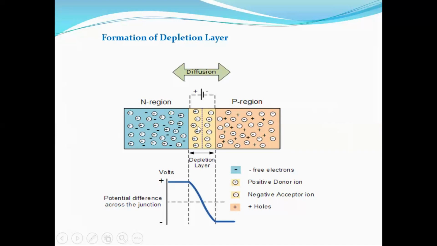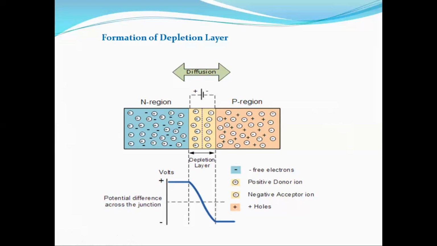This accumulation of charges gives rise to a potential difference. Here we have the positive potential, and on the other side the negative potential. This acts as a barrier for the further movement of electrons and holes. This barrier is called the potential barrier, and this region is called the depletion region, as it is depleted of mobile charge carriers.